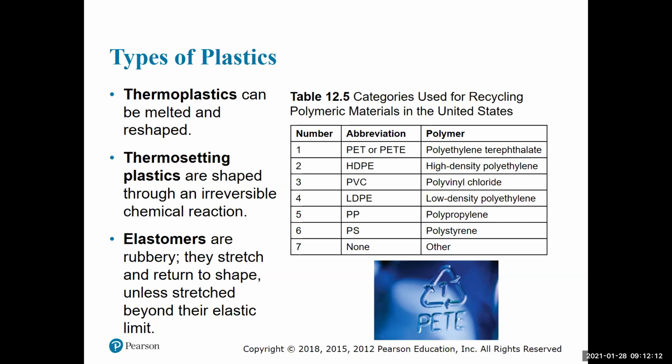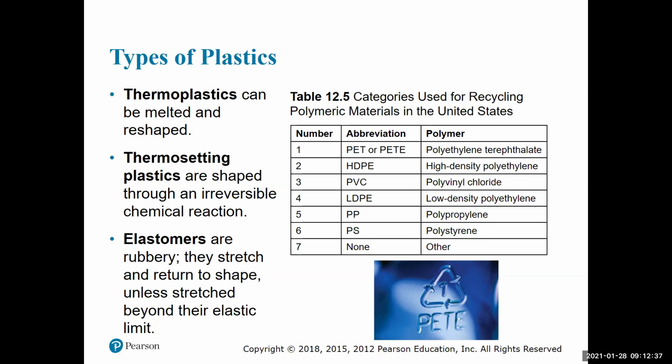Different communities have different regulations on this. Almost everybody takes 1, 2, 3, 4. Once you get past that, some places take the others, some don't. What that code tells you is what kind of polymer it was. Sometimes they'll even have the abbreviation.